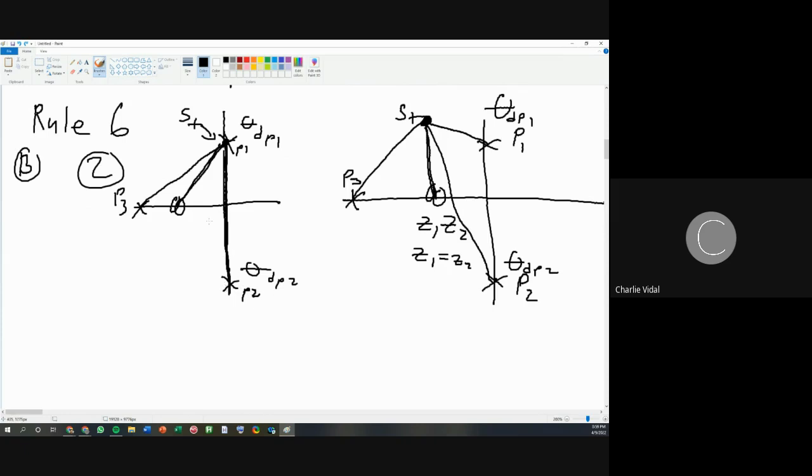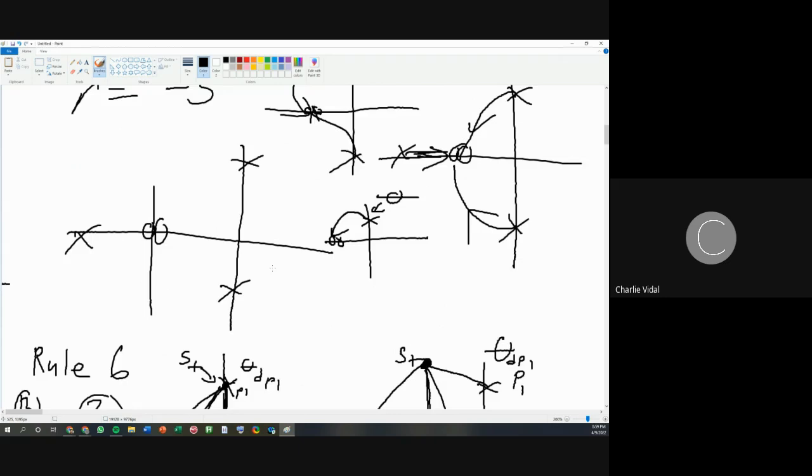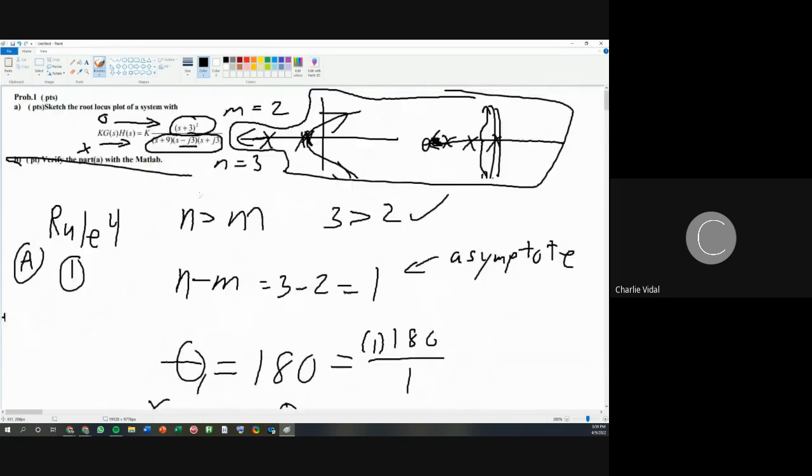So we want to find the angle of P2 relative to P1. This one is very easy. This one is just 90 degrees, because theta P1 is at the point J3, this one over here, and theta P2 is at negative J3.